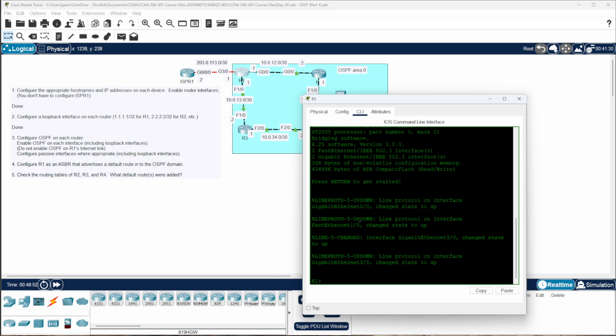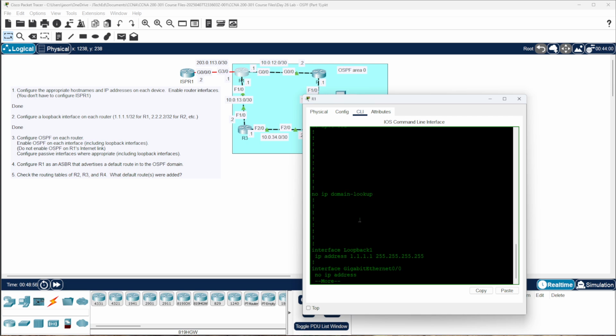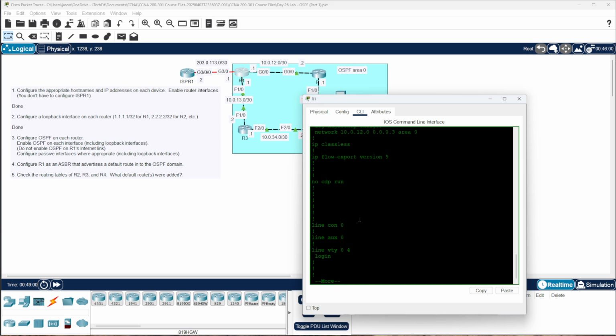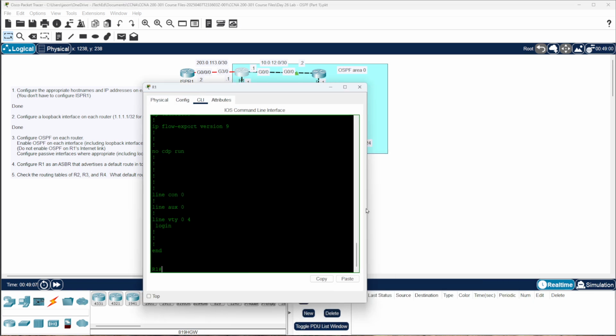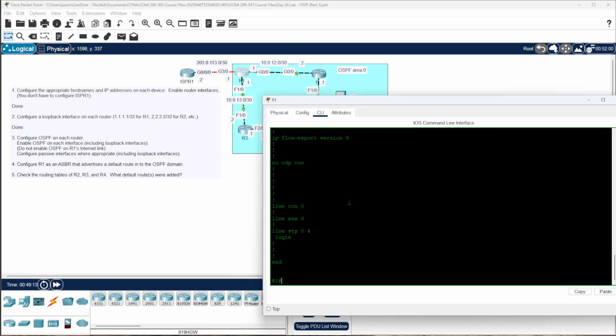Let's see. So I must have only done the hostname. Apparently we forgot that. Alright, IP addresses. So we gotta go back in here. We're gonna go to interface, on router 1, G0.